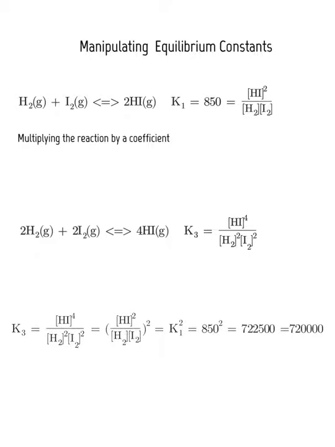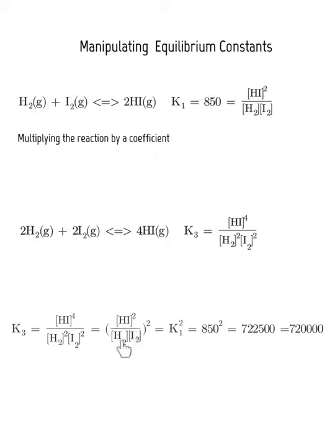Again, you can pause this video to see the relationship between K1 and K3. You might want to jot this down. Hopefully you were able to figure this one out. If not, no worries. Notice here K3 looks very similar to K1.